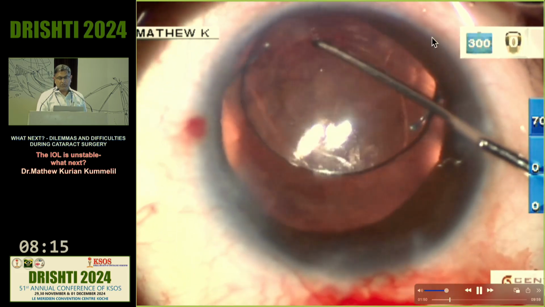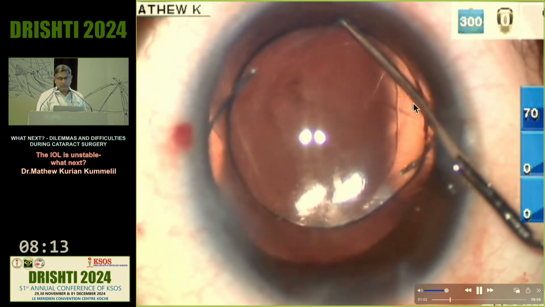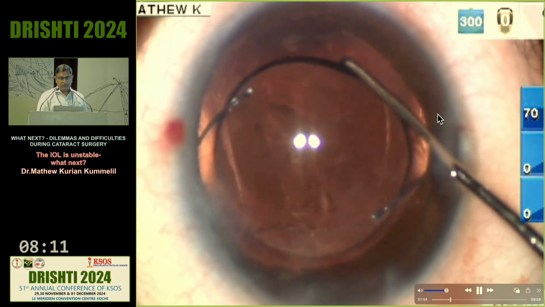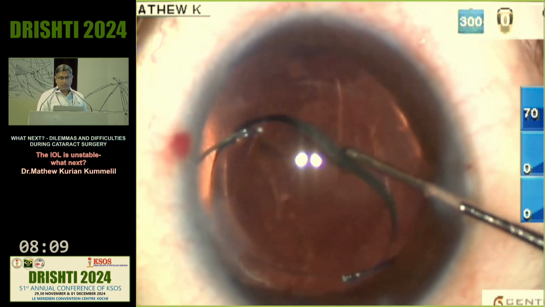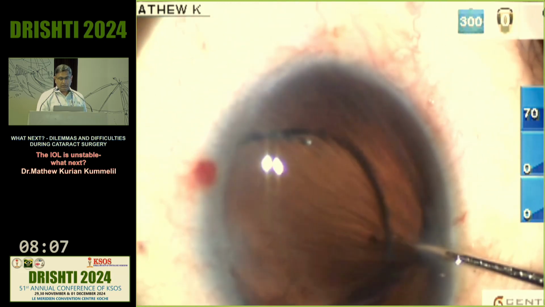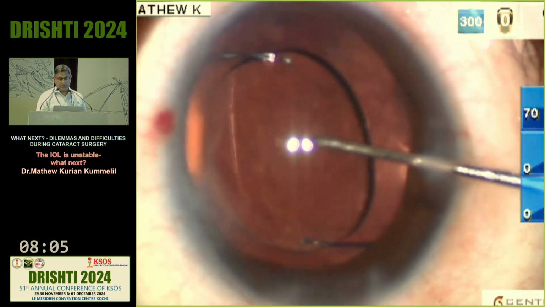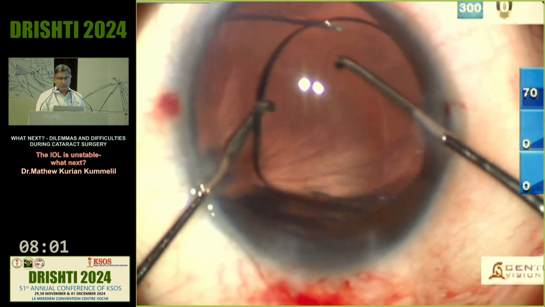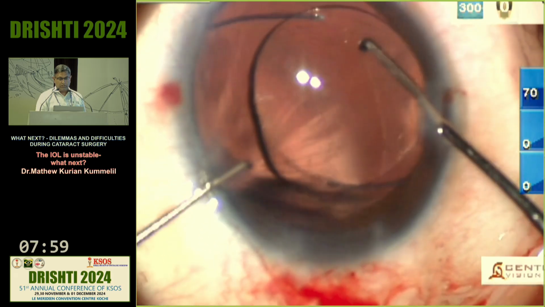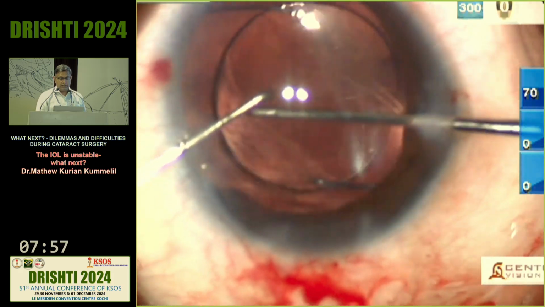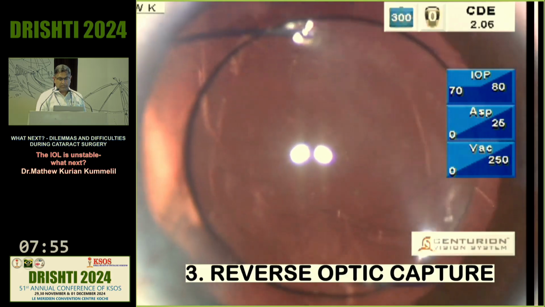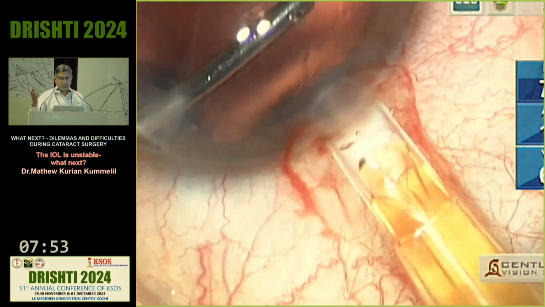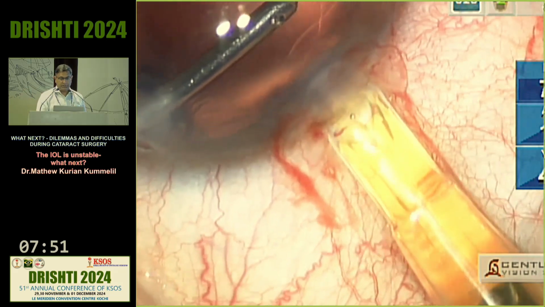You can see over here that one flap, which is part of the posterior capsule rupture in the periphery. So at this stage what we do is a reverse optic capture, which just now Dr. Chitra had also very beautifully shown. And this is again a very acceptable and stable method of separating the anterior segment from the posterior segment.